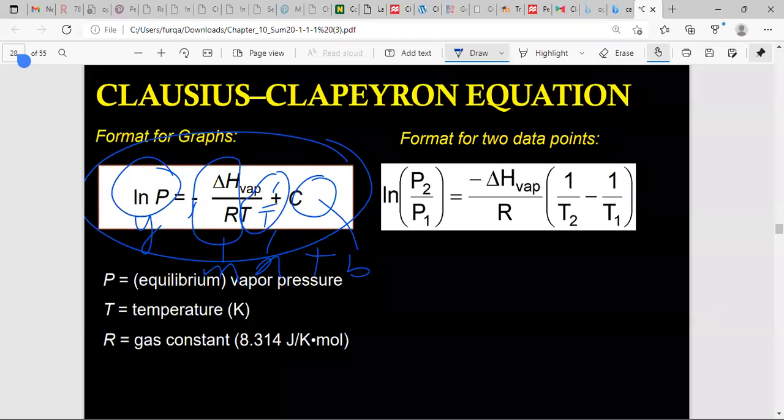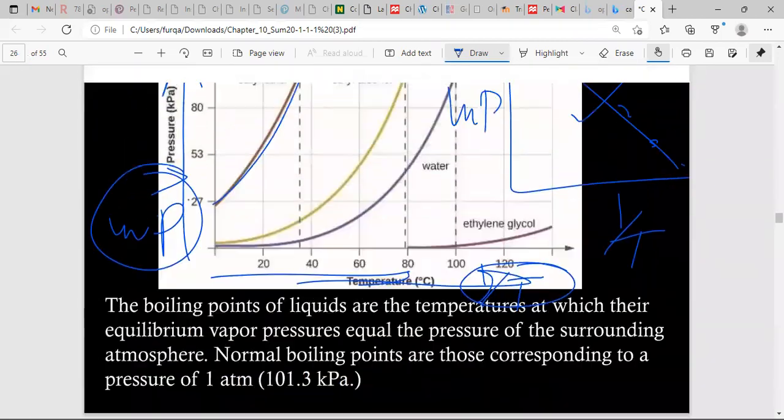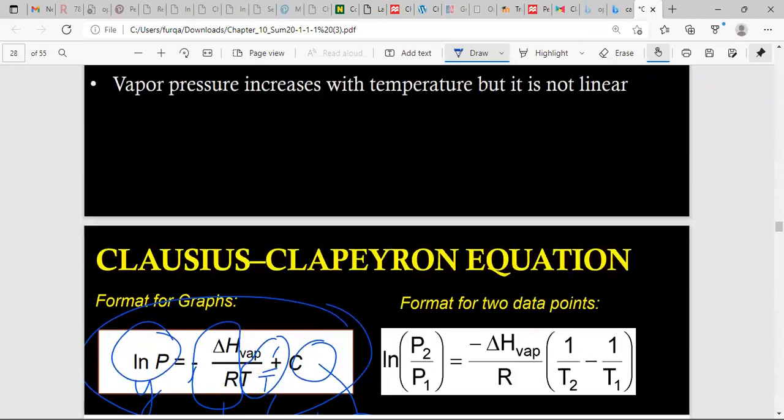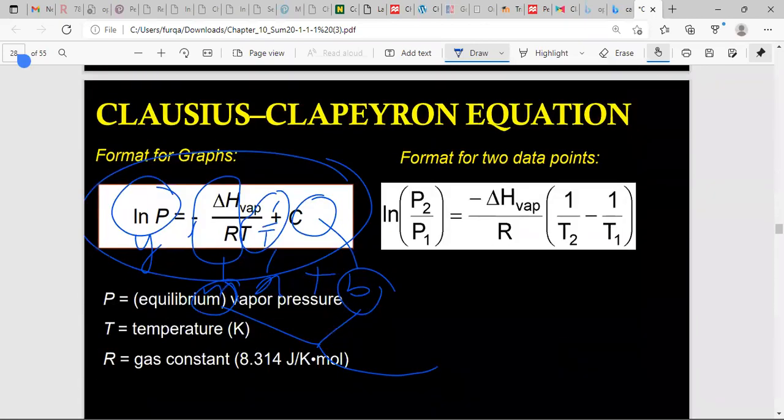So we're going to get the value of the slope. When we do the curve fitting, we get these two numbers from the graph here. When we do it in Excel, we'll actually get that. So we get that from the graph, and this is how the slope is going to be equal to negative delta H of vaporization over R.